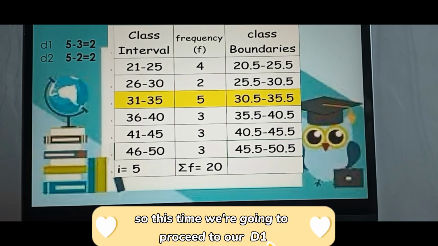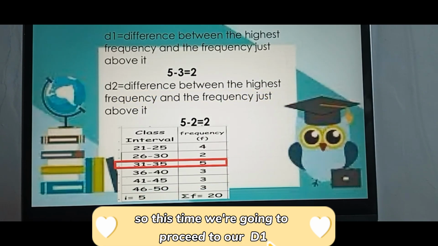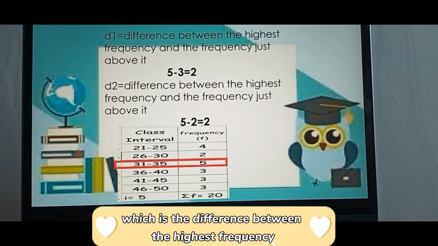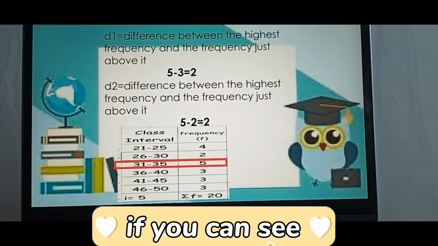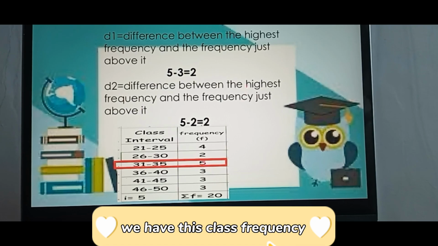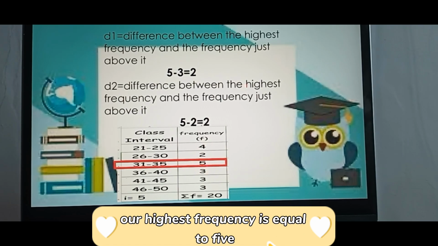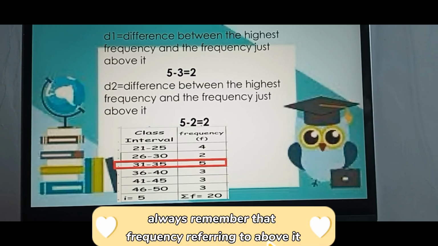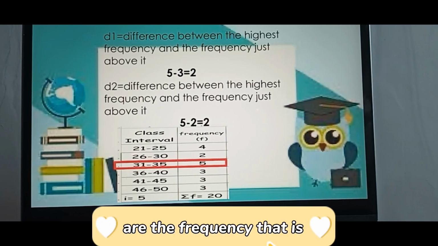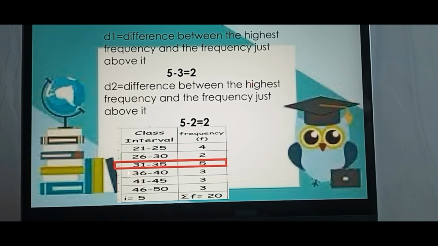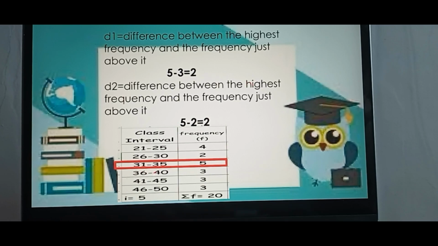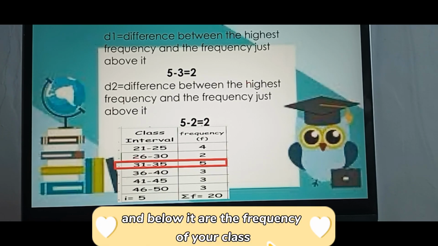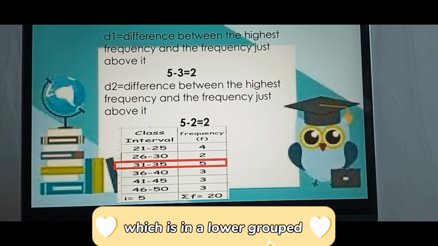So this time we're going to proceed to our D1, which is the difference between the highest frequency and the frequency just above it. If you can see, we have this class frequency. Our highest frequency is equal to 5. Always remember that the frequency above it belongs to the class interval in a higher group, and below it are the frequencies of the class interval in a lower group.